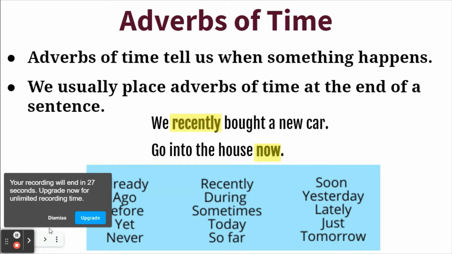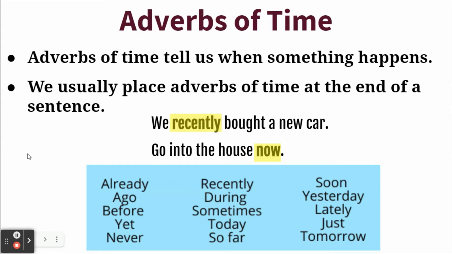So this adverb of time is actually at the beginning of the sentence, but it's modifying the verb bought. Next, we go into the house now. Now is a place and it's time, right? So go into the house now. That is an adverb of time. And there are some other examples right here that I have for you.